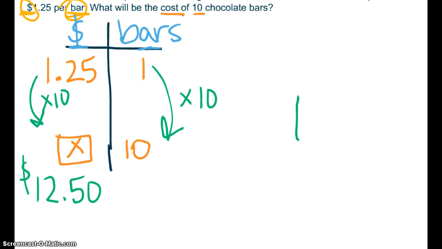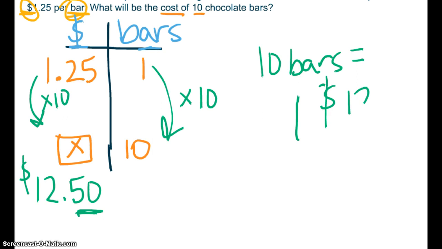You may get 12.5, but remember, dollars and cents we have go to the hundredths place. So the cost of 10 bars is $12.50.